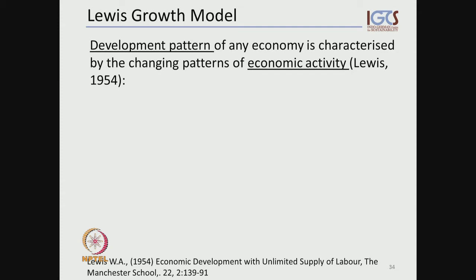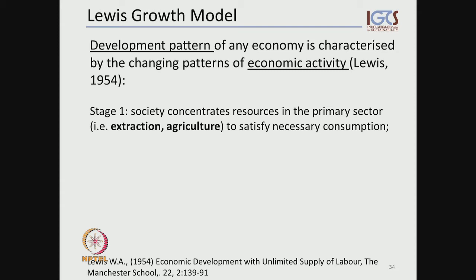And what is meant by this is briefly listed here, that in a first stage of development, societies would concentrate resources in primary sectors, and primary sectors would be the extraction industries, mineral mining, and agriculture. It could be forestry-based, it could be some wildlife-based extraction, and this is essentially to satisfy necessary consumption.